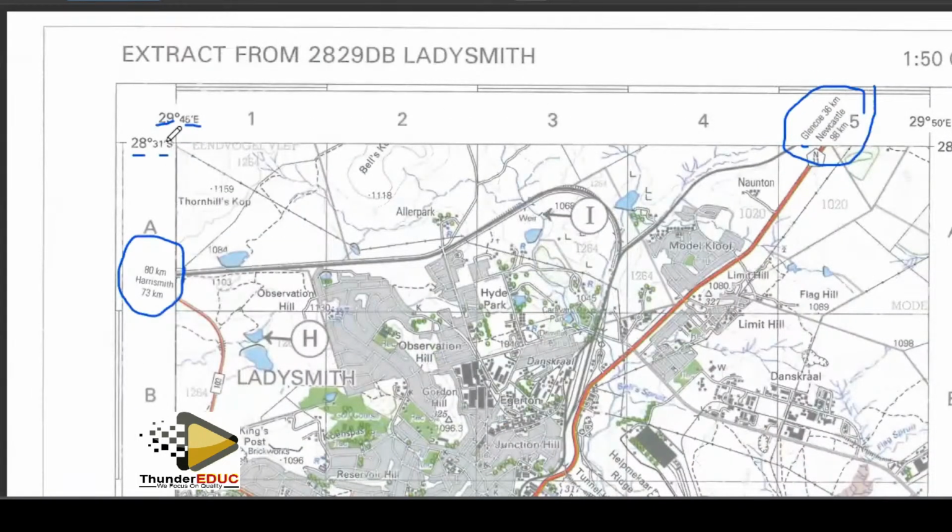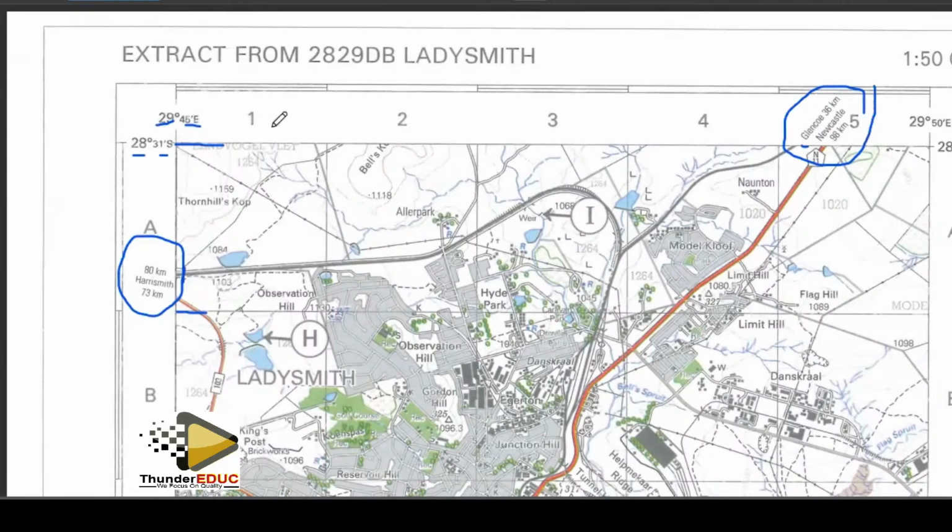We are saying this is 28 degrees and 31 minutes latitude to the south along this line. So the next line of latitude, given here, is going to be 32 minutes to the south, which comes here at the end of the block. And the next line, which comes here, is going to be 28 degrees, 33 minutes to the south. Our values are increasing going to the south.